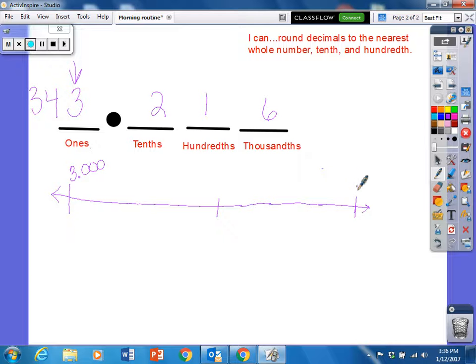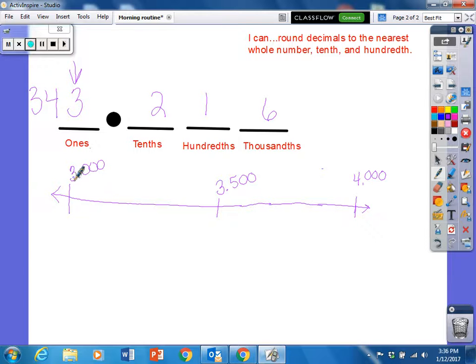At the end, what comes next? A 4. And in between 3 and 4 is 3.500. Kind of like in between 3,000 and 4,000 is 3,500. So then I'm going to plot my number 3 and 216 thousandths on my number line.